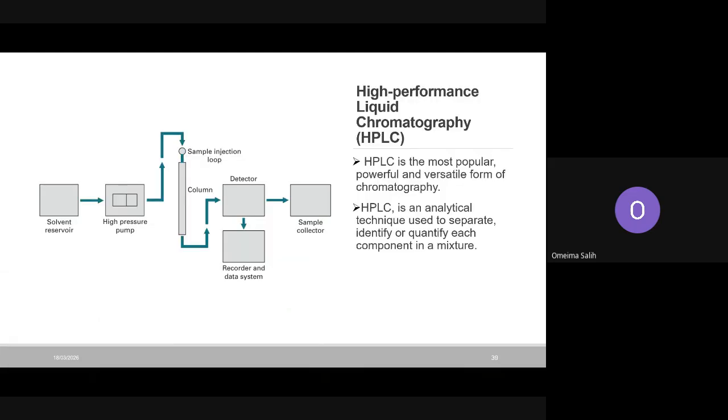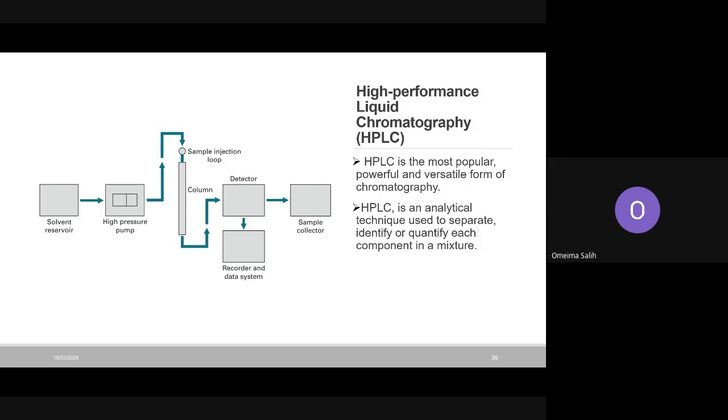The method commonly used in the labs is high performance liquid chromatography, or sometimes they call it high pressure liquid chromatography. It is the most popular and efficient way of chromatography. It is an analytical technique used to separate, identify, or quantify each component in a mixture. So it separates, it identifies, and it quantifies.